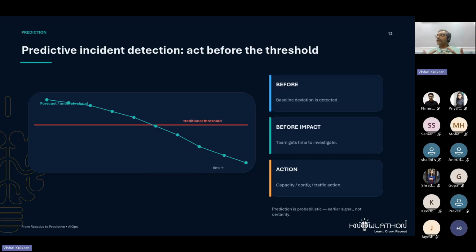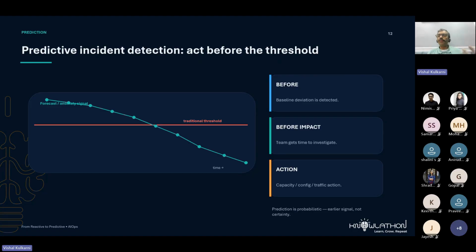AI can really offer you that capability, giving you those signals way before it hits the threshold. That allows the team to identify the cause, and before it starts degrading the services, it helps the teams have the right solution in place.